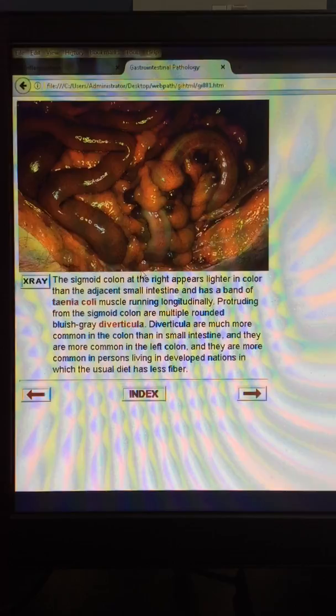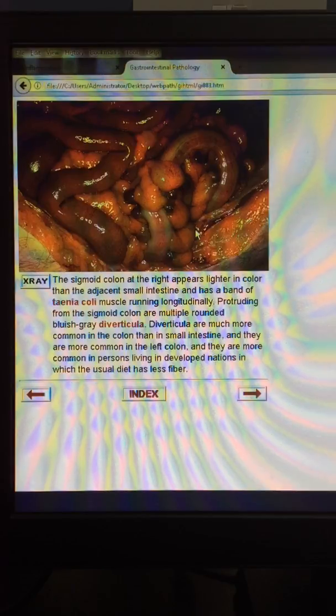About the benign or inflammatory conditions of the lower GI tract. This slide represents a case of diverticulosis. Diverticulosis means herniation of the colonic mucosa through the muscularis propria of the colon, with formation of pockets or outpouching from the lumen.